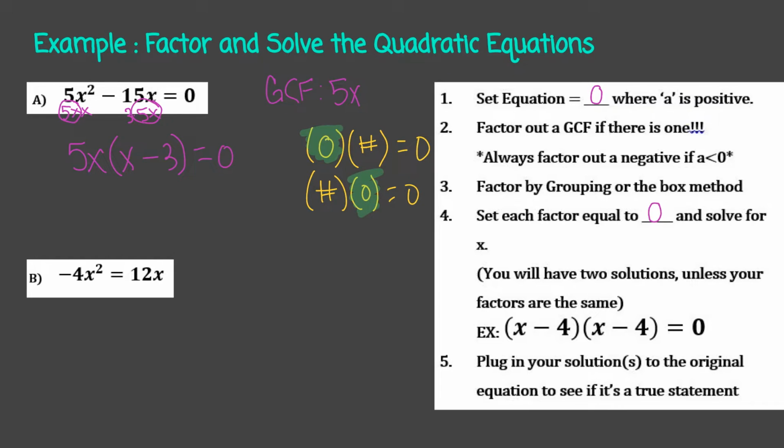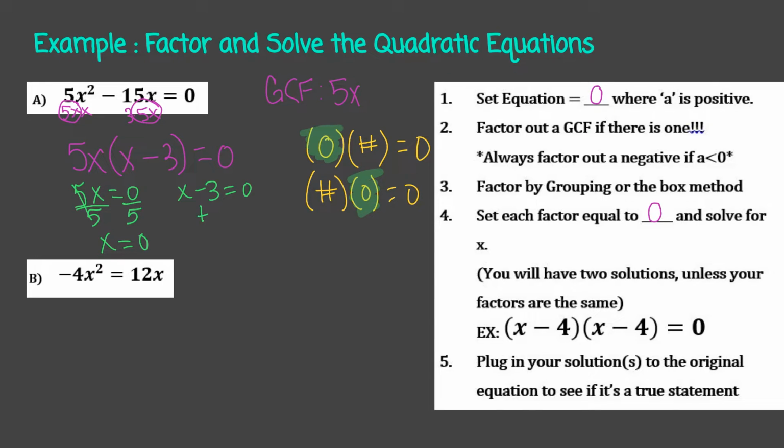So we're going to set each of these factors equal to 0 so that we can figure out what the x value would have to be for each one of them to be 0. We're going to take that 5x and set it equal to 0. We're also going to take the x minus 3 and set it equal to 0. So we're going to have two solutions. For this one, you'd want to divide by 5, so x would be equal to 0.